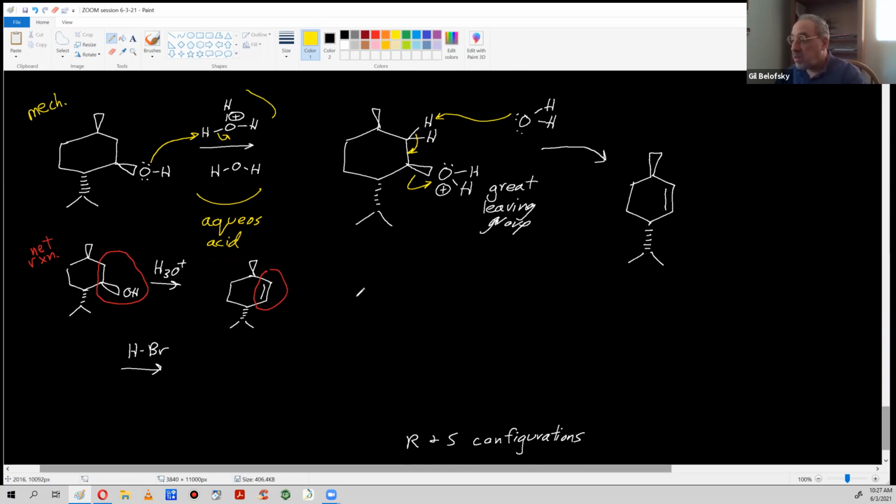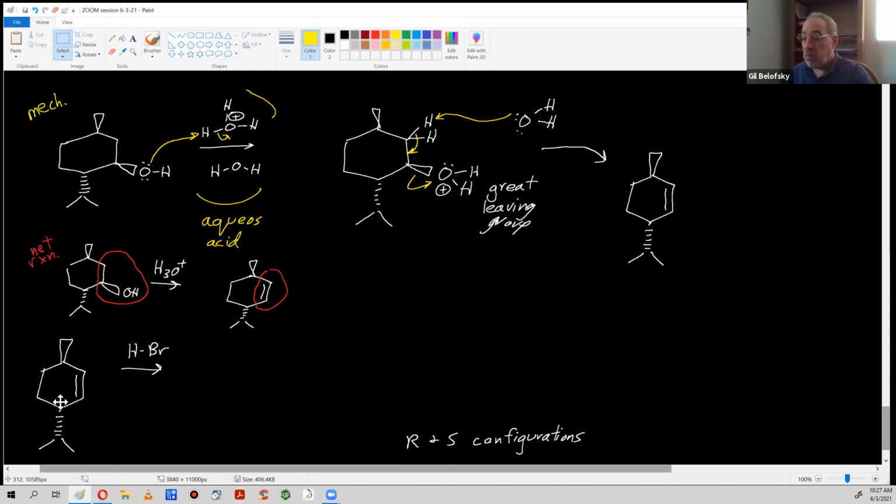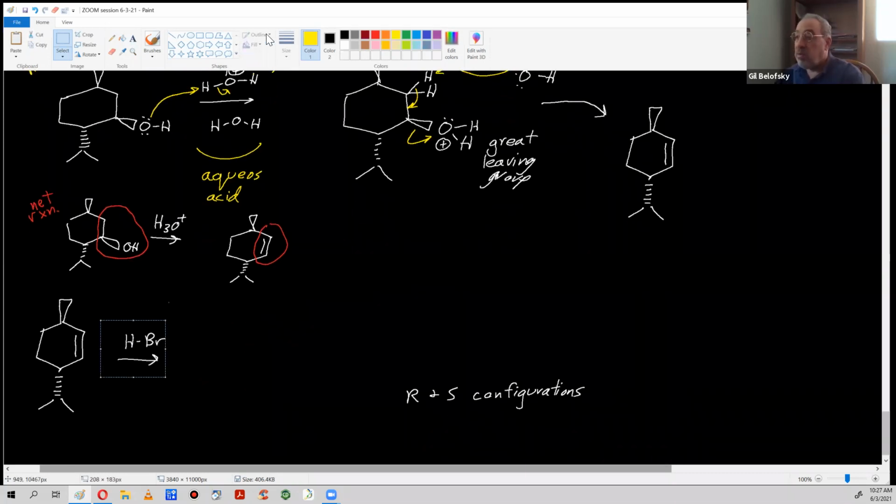Now that we have this alkene, we can, in fact, react it further, in one of the alkene reactions that we learned.